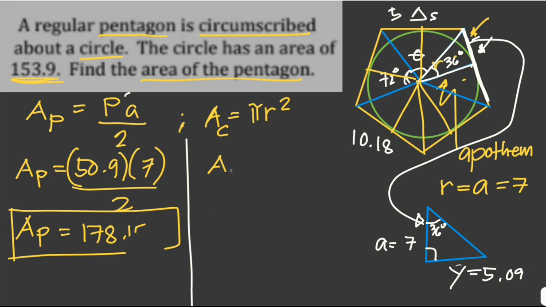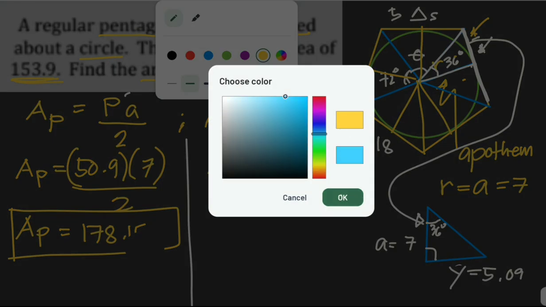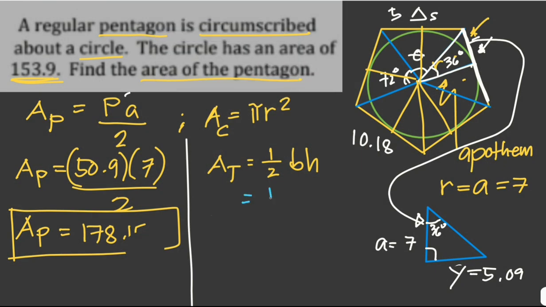The area of the right triangle is 1/2 base times height. So the base is y, which is 5.09, and the height is the radius, which is 7, or the apothem, and this is just equal to 17.8.